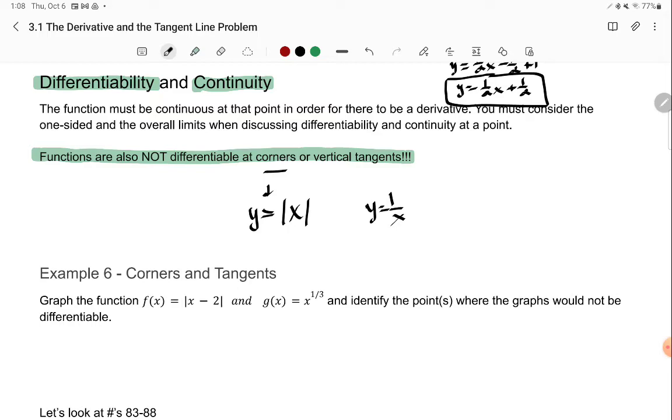Because if you think about a corner, the slope of this line and the slope of that line are not the same. But if it were smooth like this, the slope of this line at this point is the same as the slope of this line approaching that point. So that's why you cannot have a derivative at a corner: the slopes are not approaching the same value, just like you couldn't have a limit if the y values are not approaching the same value.